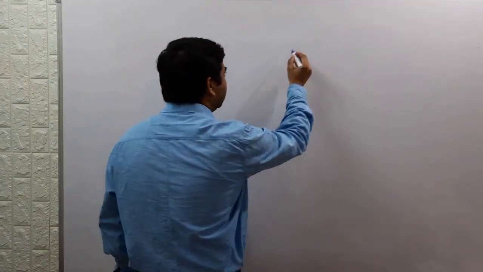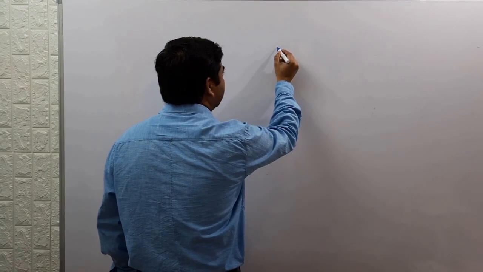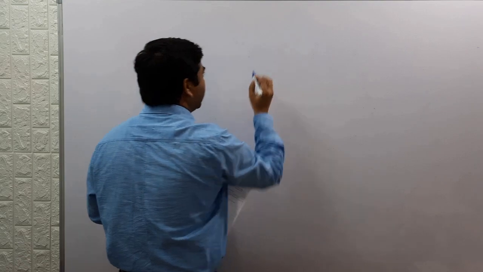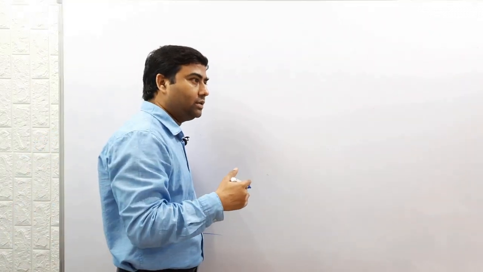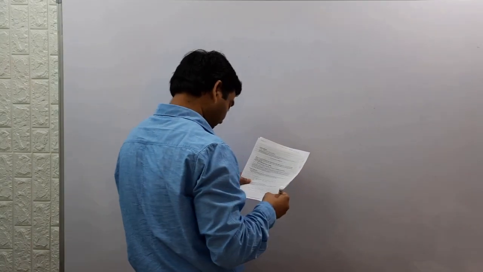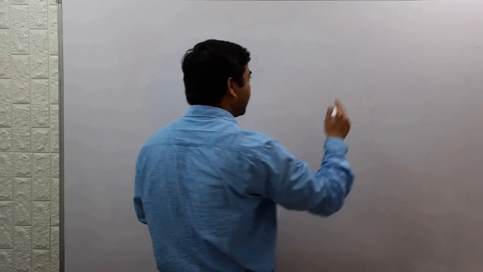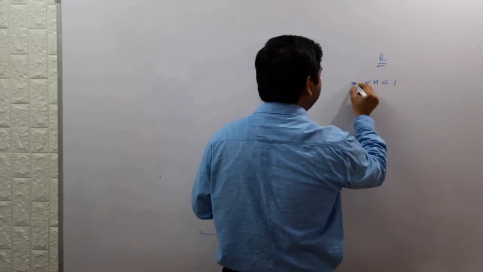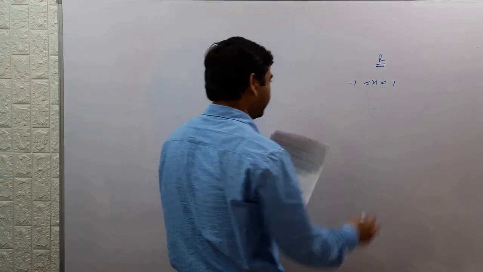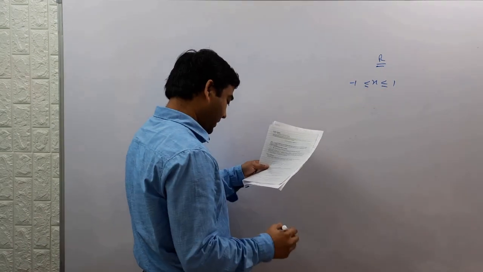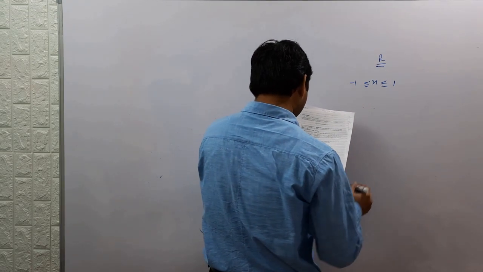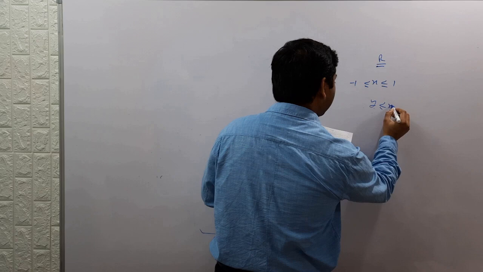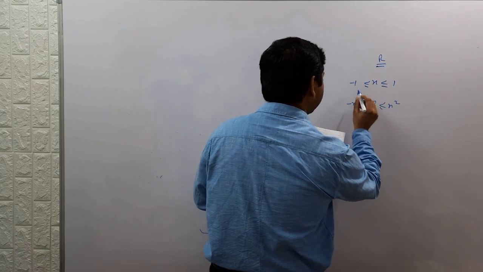Let there be a region. As we have discussed in double integration, there are two functions: the original function as well as a function which defines the region. The region is defined as x less than or equal to 1 and greater than or equal to minus 1, and y less than or equal to x square and greater than or equal to minus x square.